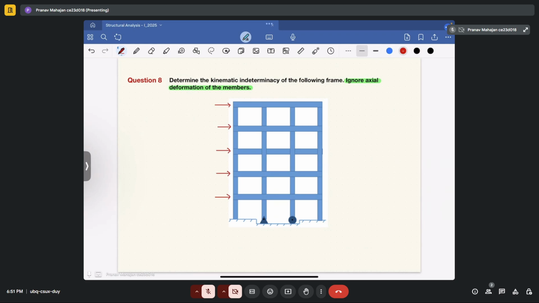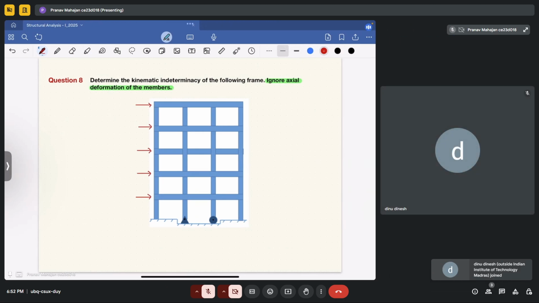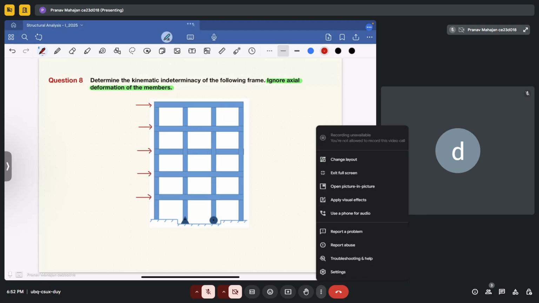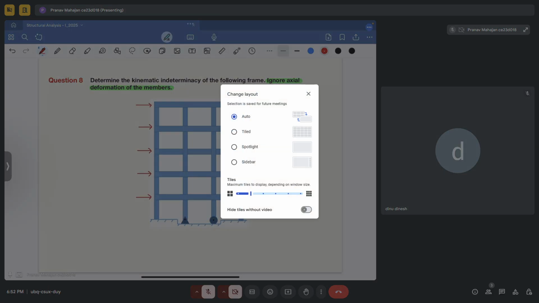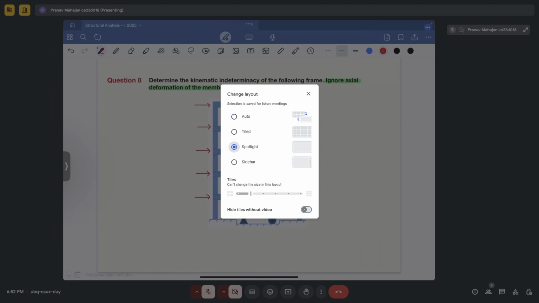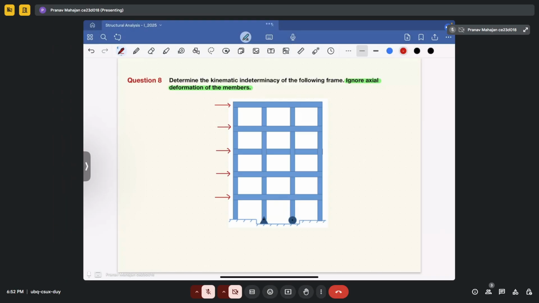Now, another thing that will occur in this is the moment, because due to the application of these horizontal forces, you will also observe one moment at each and every joint. Okay.